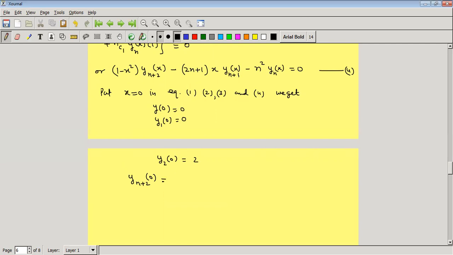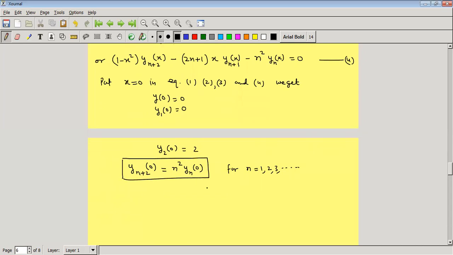So we can write y(n+2)(0) is equal to n square yn(0). But this result is applicable for n equal to 1, 2, 3 and so on. When we put n equal to 1, we get y3. We have already found y0, y1(0), y2(0). So now from this we find y3, y4, y5. Right? So this is important. We put it in this box.